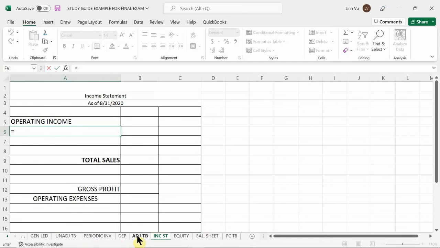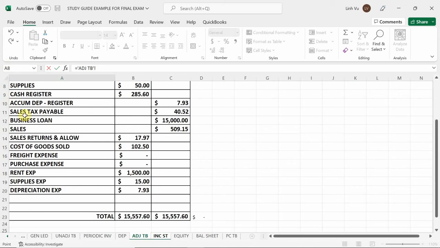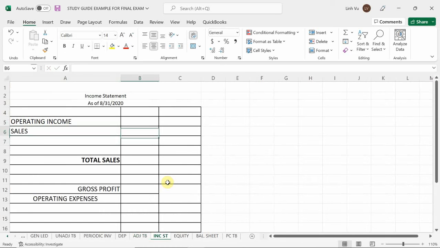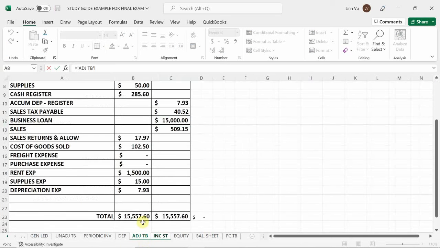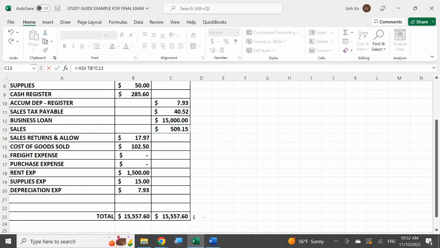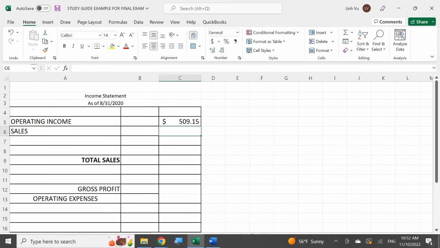So in this case, I'm going to take my numbers from my adjusted trial balance. So I had sales. How much was my total sales? $509.15.